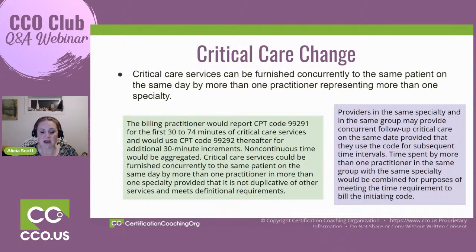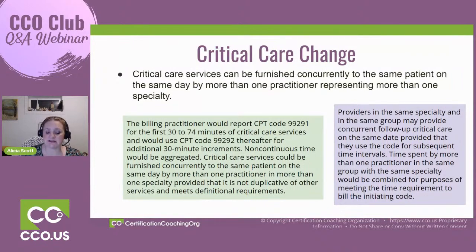However, in critical care, you could have one that does the history and exam and the other one that pulls out the medical decision making. Then you're not duplicating that. But when you're dealing with this, the documentation has to be very specific on who does what, or it will not get captured for critical care. It's got to be able to pass the audit.